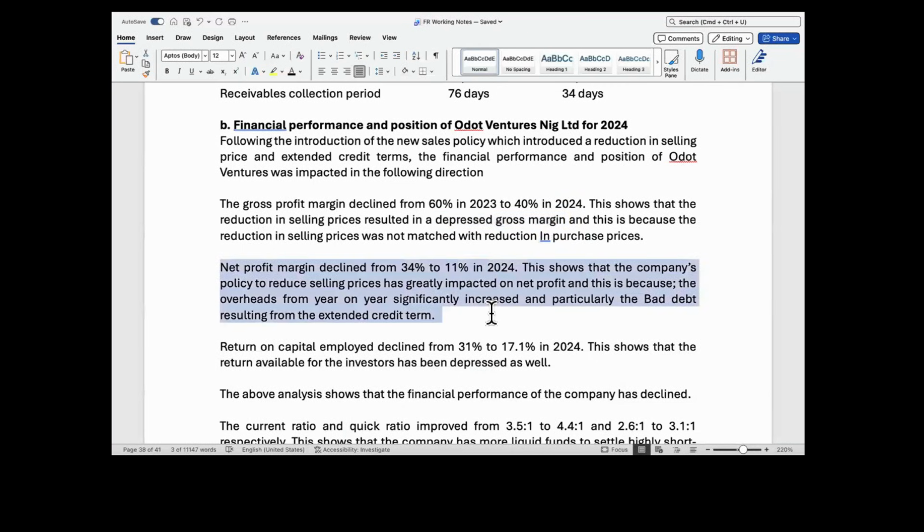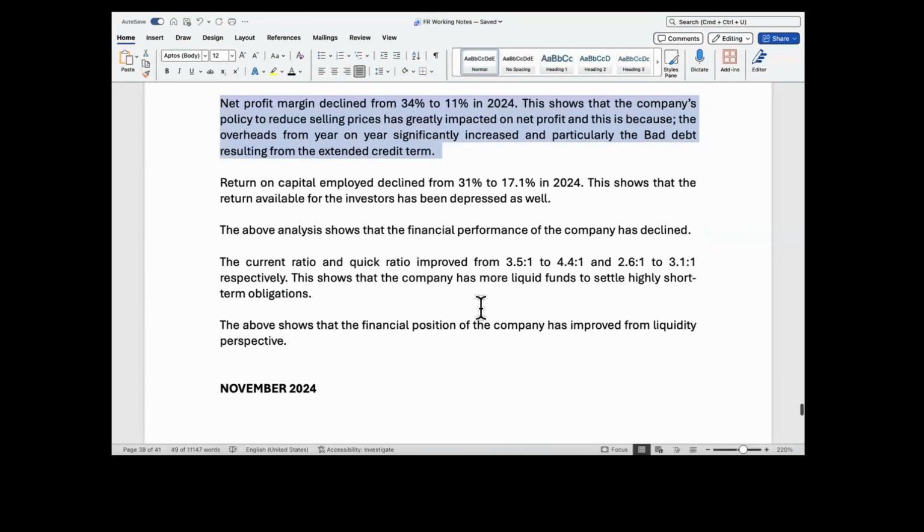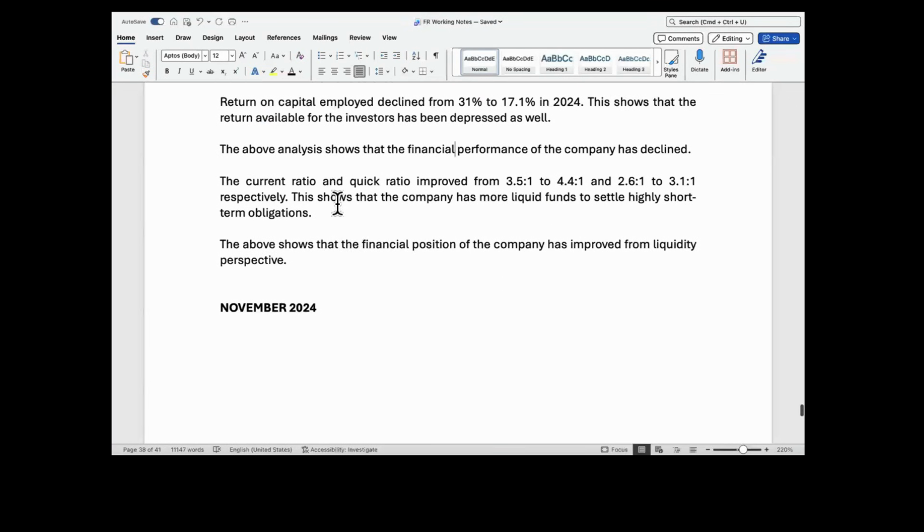I used the same format for every other ratio. After I completed my profitability ratios, since they asked me to explain financial performance, I told them generally their financial performance has declined following from the above analysis.